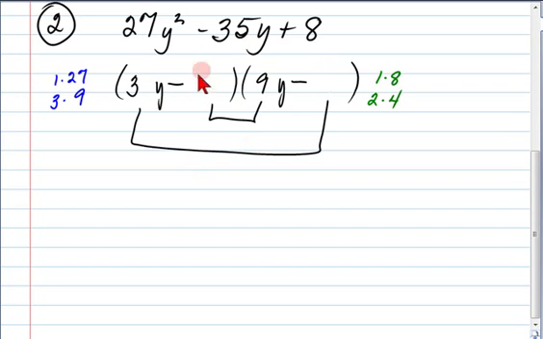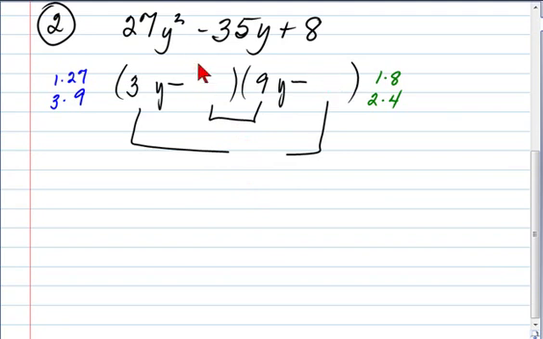So the next thing I do is stick with the 4 and the 2 and change them, because now they're paired up with different numbers. The outer product is negative 6y. The inner product is negative 36y. And do those add up to be 35? No.